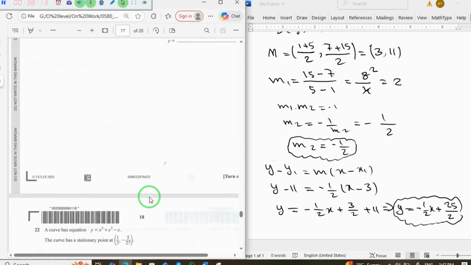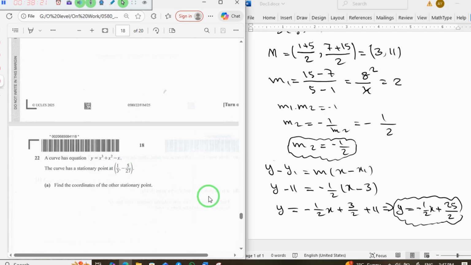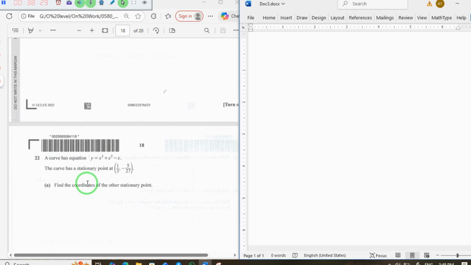This was question 21 part B. Now we calculate question number 22. A curve has the equation y equals x cubed plus x squared minus x.